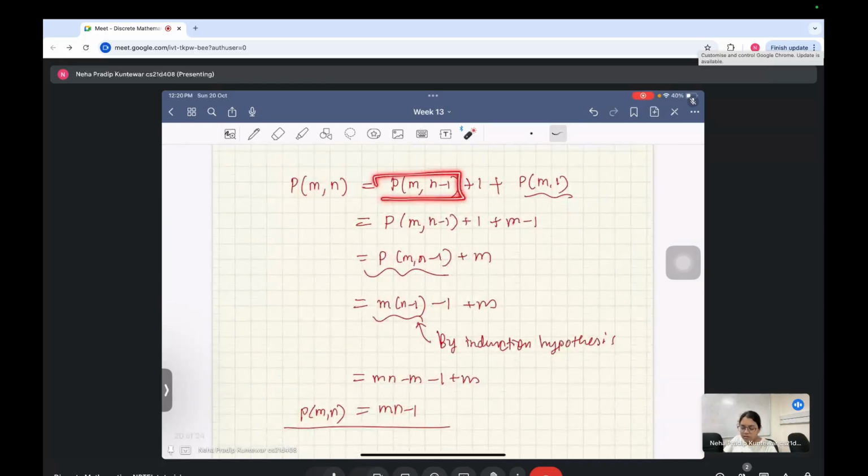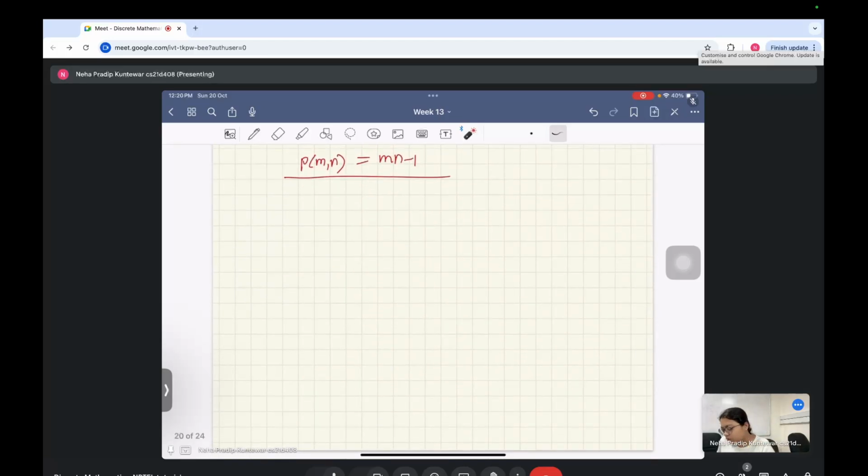So this is the bigger bar, this is the smaller bar, and this is the one break that was needed to separate them. This follows from the base case, and this value follows from the induction hypothesis, and if you add them up, the value matches with what we wanted to prove. So therefore by PMI, the minimum number of breaks needed is equal to mn minus 1.